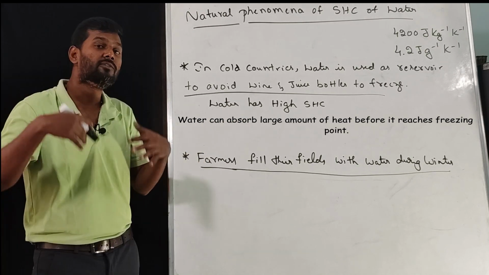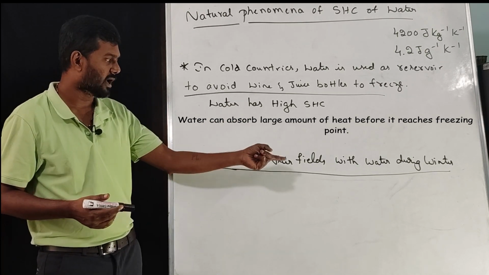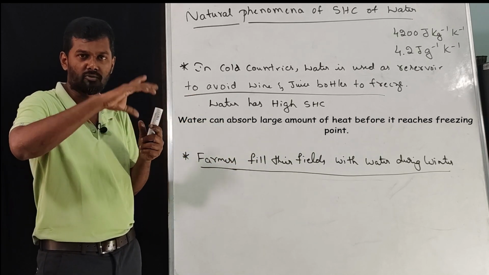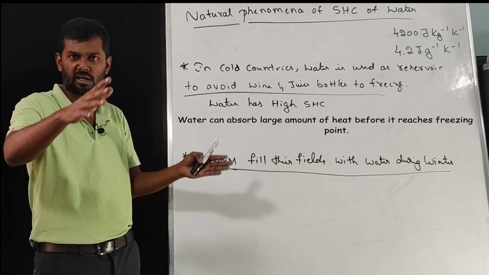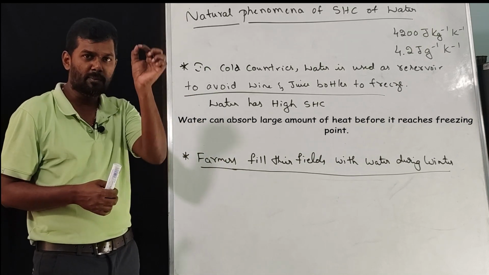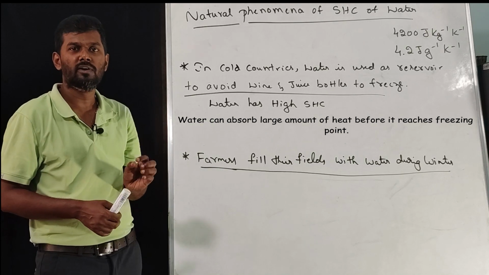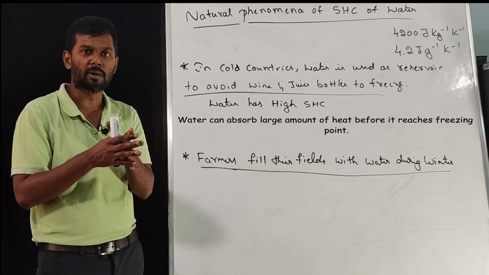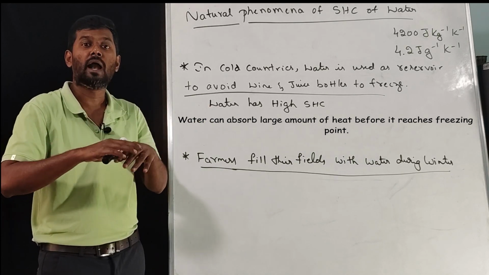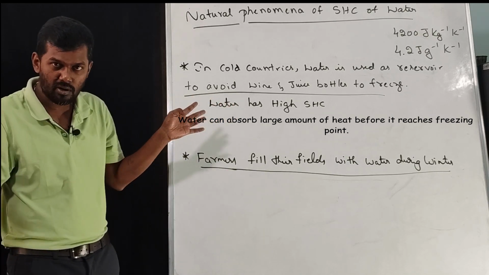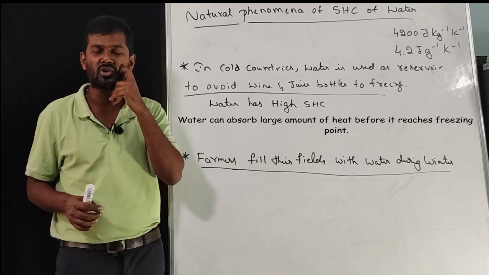Why? Because see, if you don't fill the fields with water, what happens? First we need to understand. If you don't fill it during the winter time, the temperature will be very low, and the capillaries in the plants will be filled with water, and due to the cold temperature, they'll freeze and the veins will burst. The veins of the plants will burst, and that will destroy the crop.